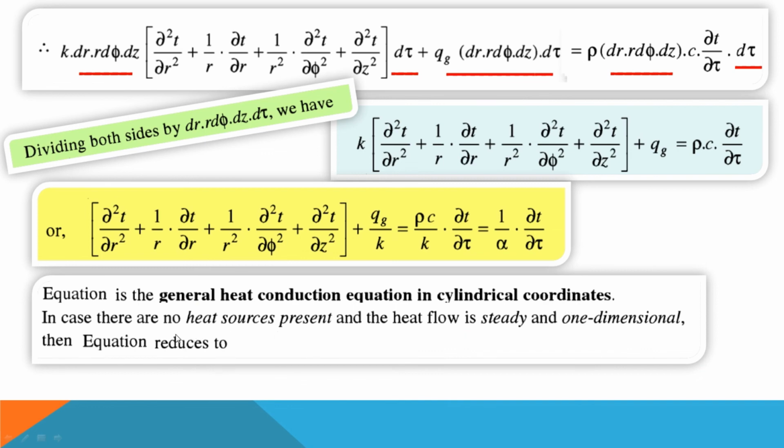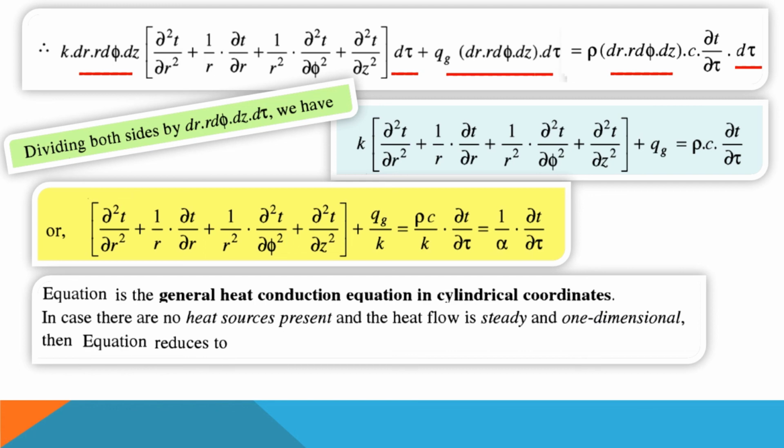In case there are no heat sources present and heat flow is steady and one dimensional, then the equation is reduced to the following. First of all, we will try to understand: no heat source means qg equal to 0, and heat flow is steady means del T by del tau equal to 0, and one dimension means the remaining two dimensions heat transfer is 0.